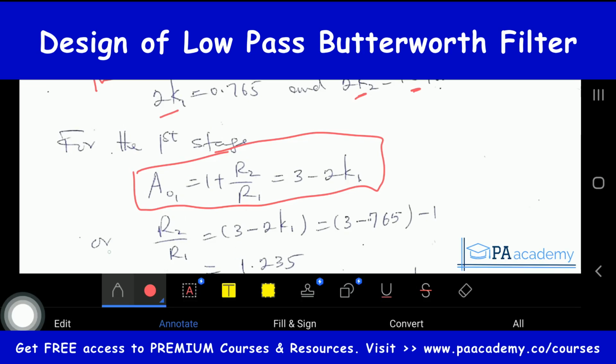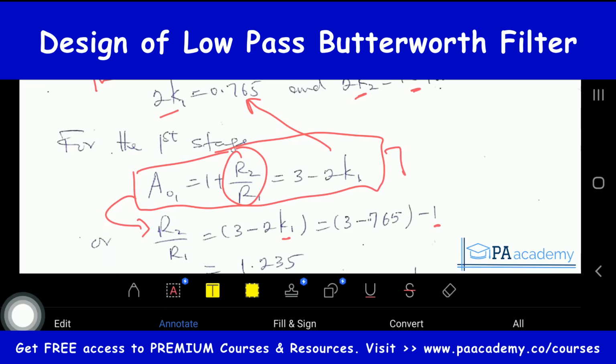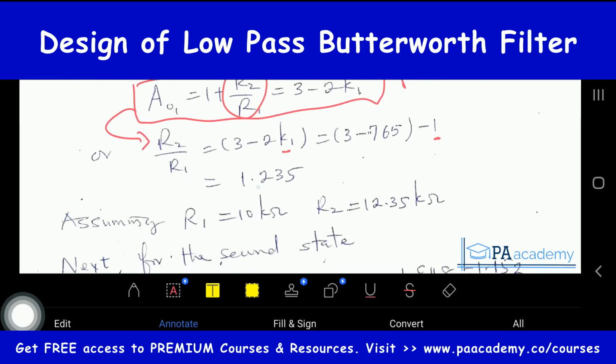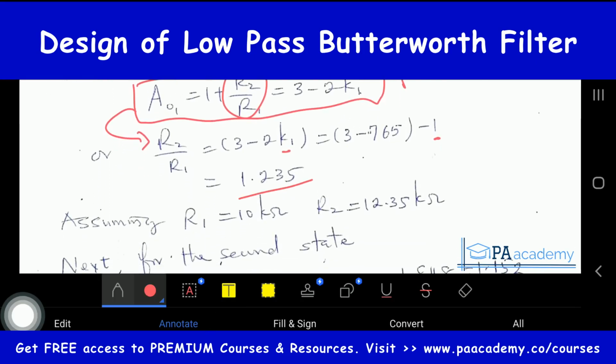We can also rewrite this when we make R2 over R1 the subject. So we have 3 minus 2k1. We already know the value of 2k1 is 0.765, and then the 1 comes to the other side, that's why we have minus 1. Just to save time and space, that gives us 1.235.